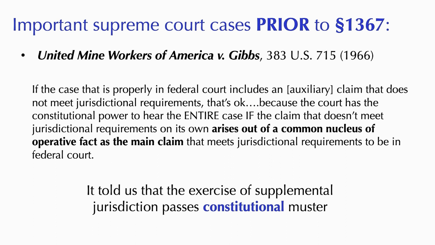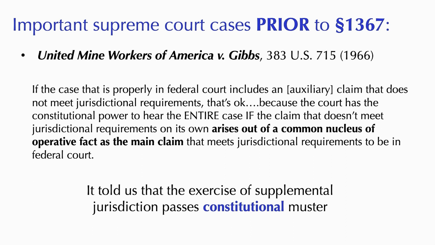This means that so long as the plaintiff asserts a proper claim based on federal law, diversity, or some other federal ground, the federal court has the constitutional power to hear other piggybacked claims, so long as these other claims arise out of a common nucleus of operative fact.